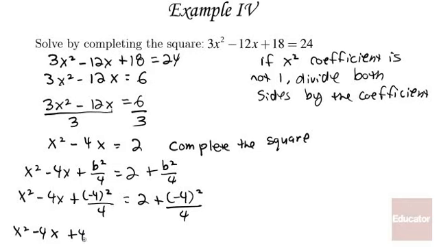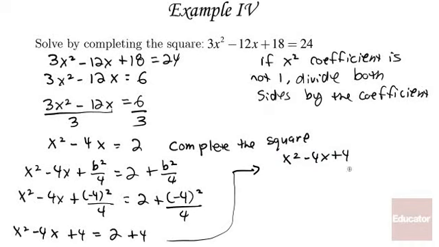So that's just 4. And this is also going to be 4. Okay. So coming up here to finish, this is going to give me x squared minus 4x plus 4 equals 6. I now have my perfect square trinomial here, and it's x minus 2 squared.